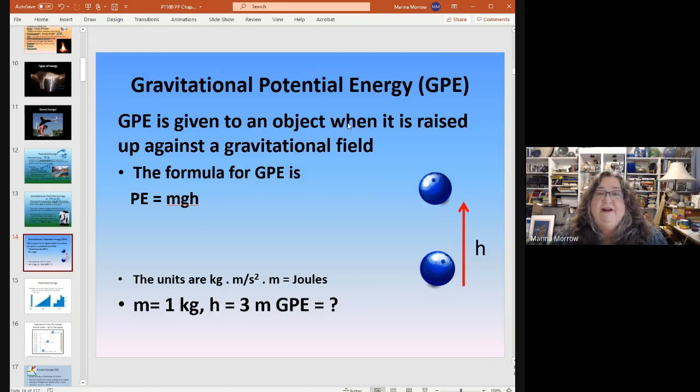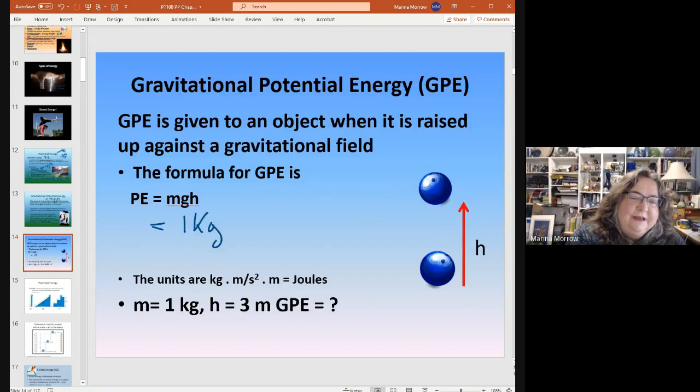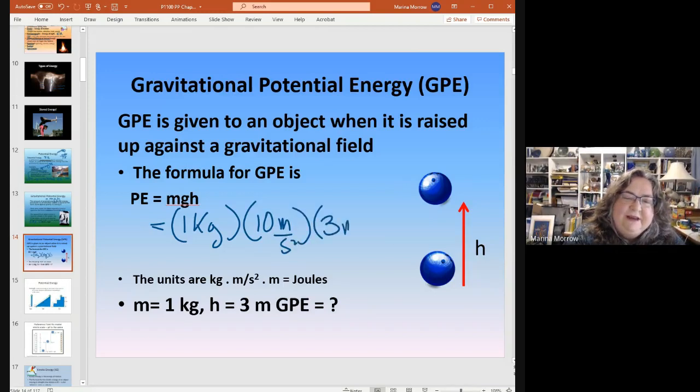Okay, so here is a bowling ball. We're going to raise it up 3 meters. It's 1 kilogram in mass. So how much potential energy are we giving it? Well, we just put it in. The mass is 1 kilogram, g is 10 meters per second squared, and the height is 3 meters.